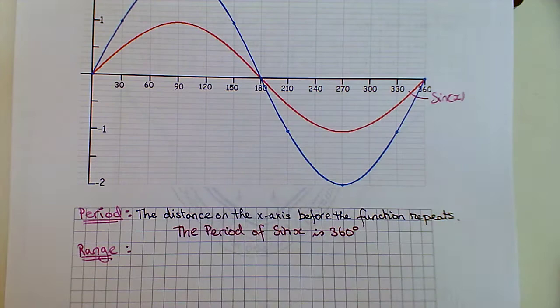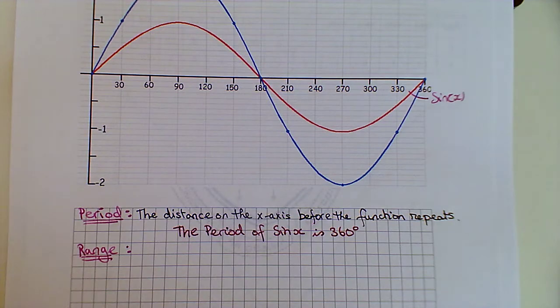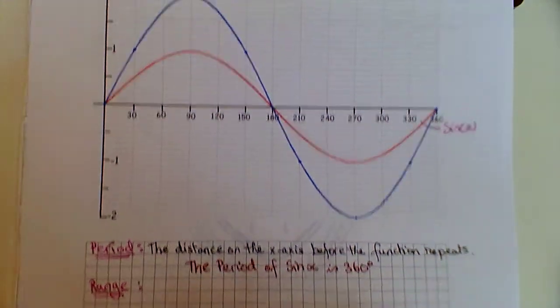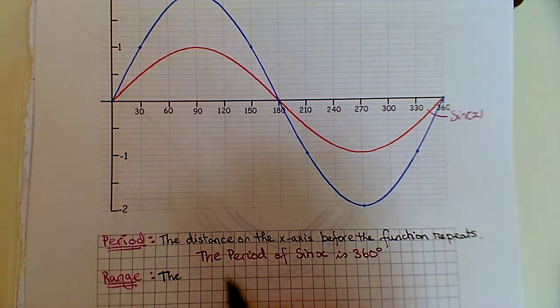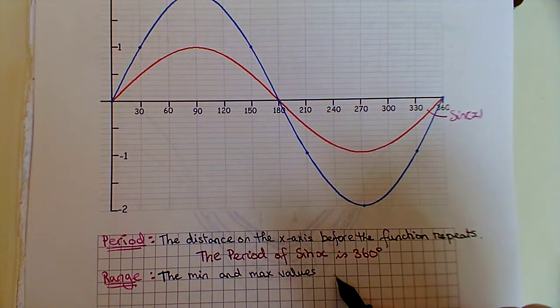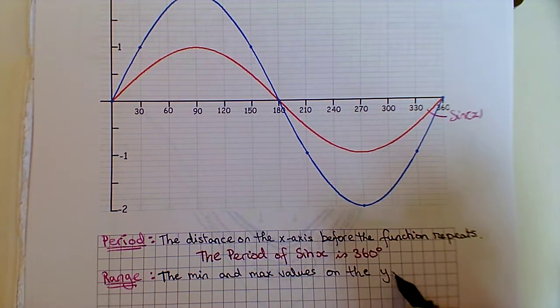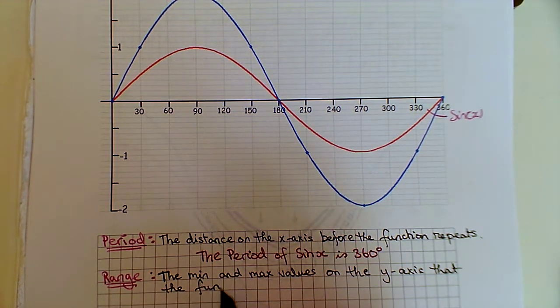The second thing we talk about, so that's about the distance on the x-axis. The range is the distance on the y-axis. So the range is the range of values, the min and max values for the output of it on the y-axis that the function goes between.